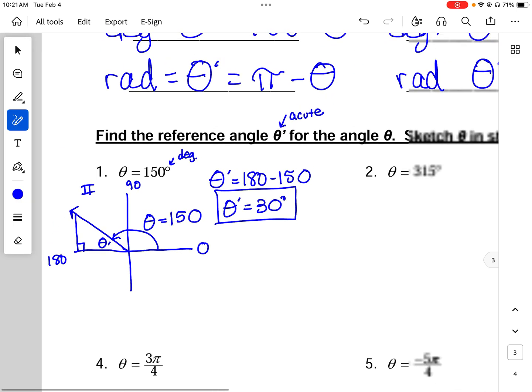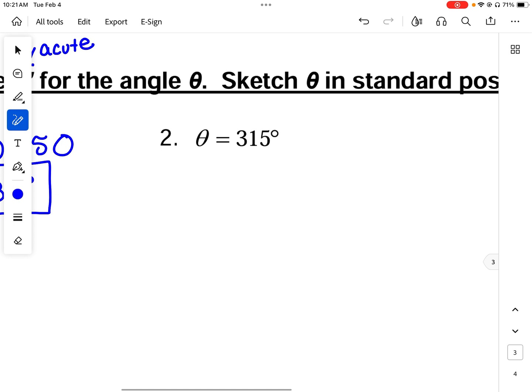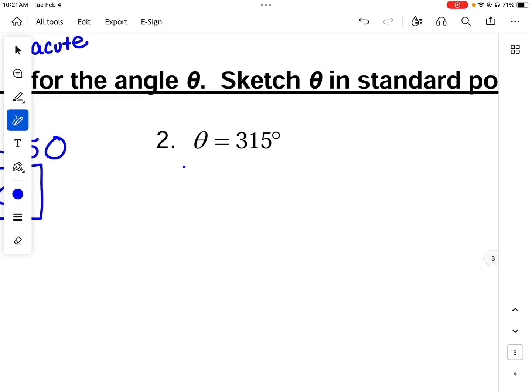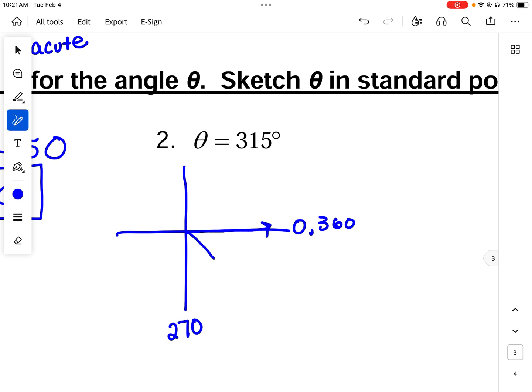Okay, let's go to number 2. Theta is 315. So think back to your circle, 0. This is also 360. This is 270. So 315 is going to be this to this, all the way there, 315. So we need to find theta prime, so I'm going to draw my right triangle.